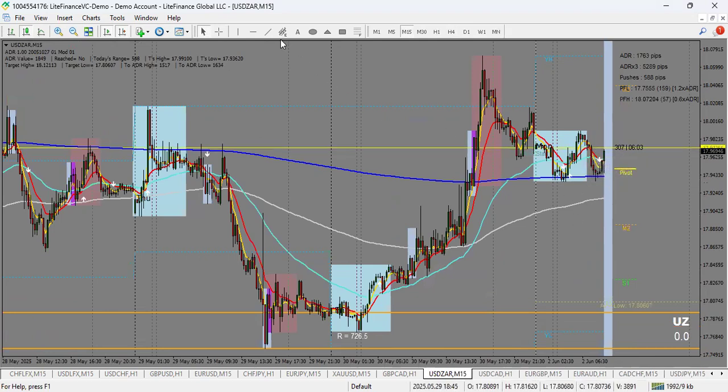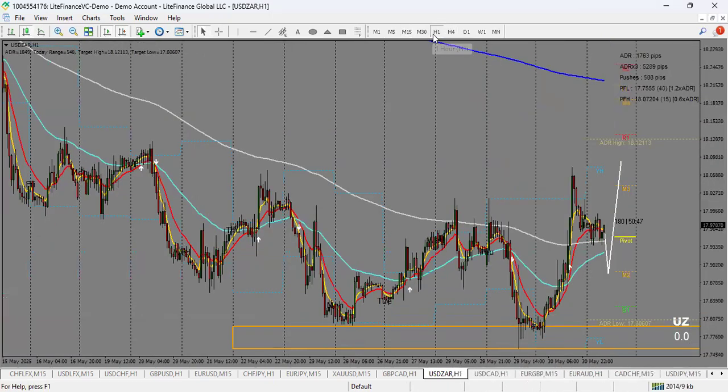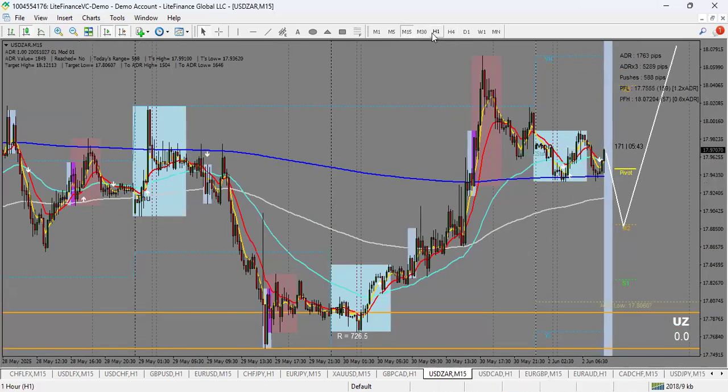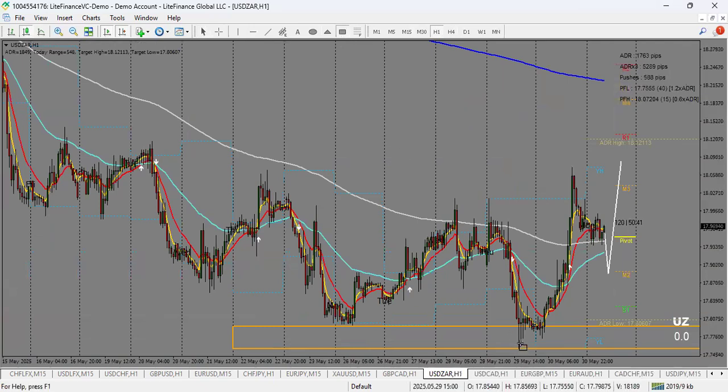We can anticipate a blueberry trade. So for price to come to the pivot point, form a pattern, and then continue up. So that will be like a blueberry trade, but also a safety trade. That is what I anticipate on USD ZAR.